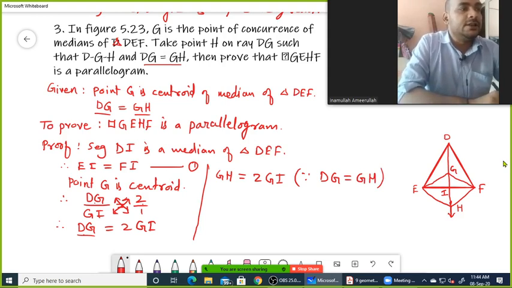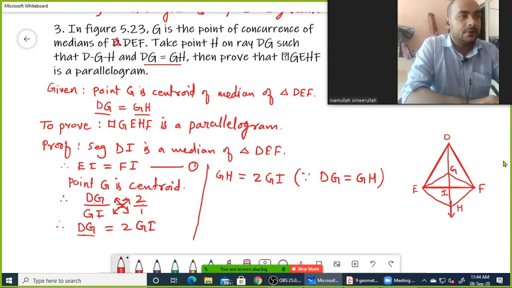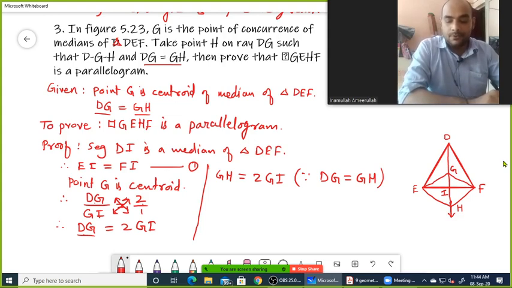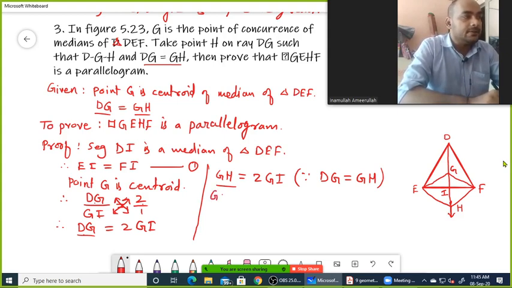Now GH can be written, follow in the figure, as GI plus HI, and this 2 times GI will remain the same as 2 GI.